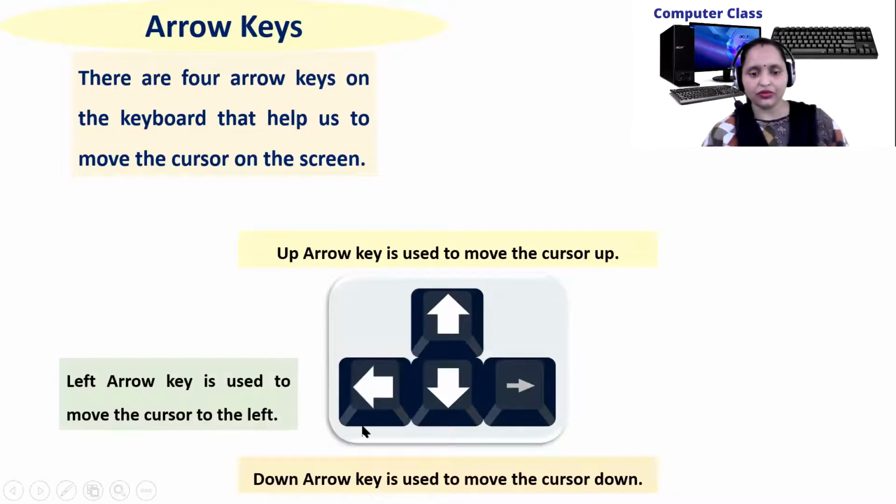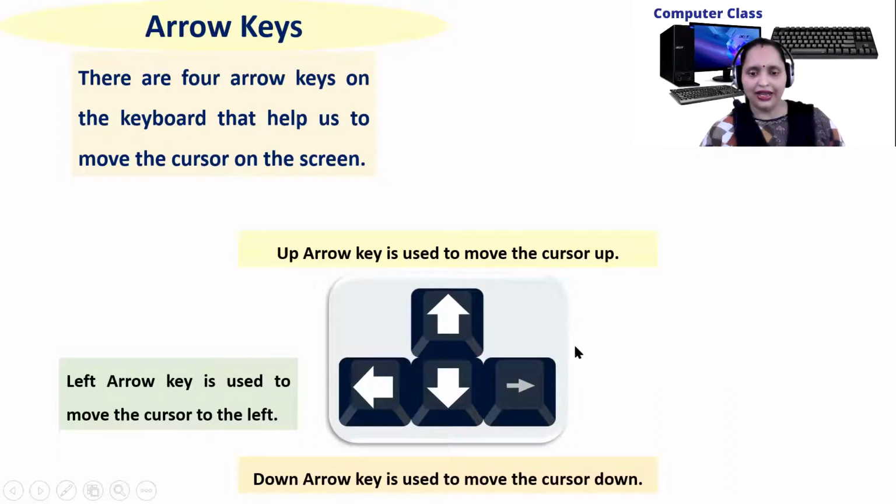This arrow key is known as the left arrow key. The left arrow key is used to move the cursor to the left side. For example, my cursor is here. This is the left side of the keyboard and this is the right side. When I press the left arrow key, the cursor will move this side.